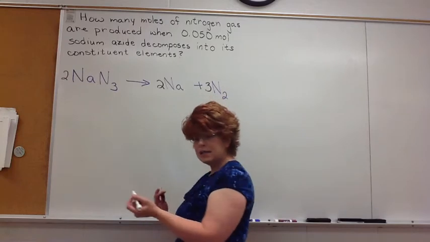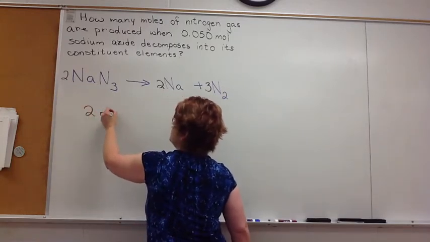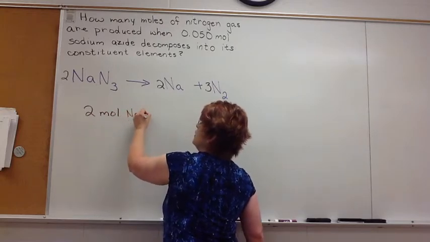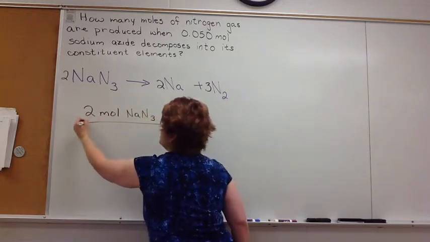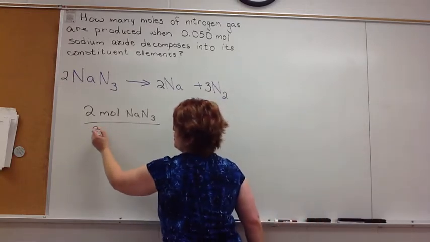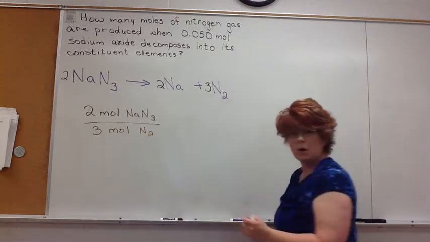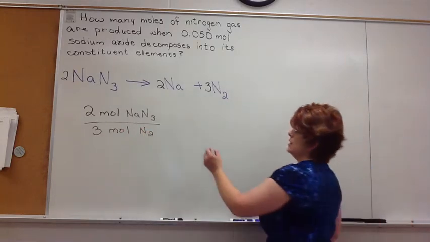So we have two possible mole ratios, 2 moles of sodium azide and 3 moles of nitrogen is the relationship. So that's one mole ratio that we can write, and you can also get the inverse of that.